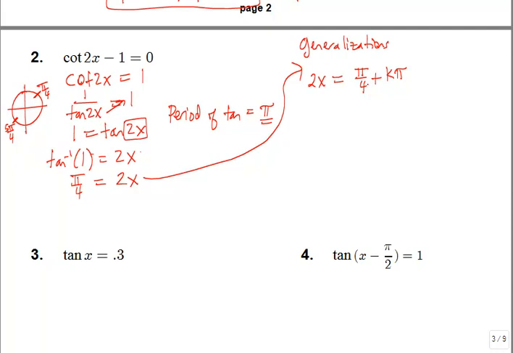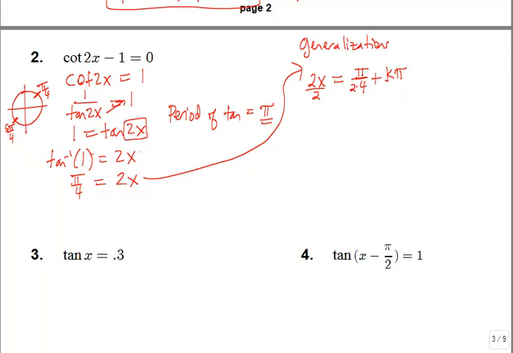Now the second tricky part is finishing this off for x, because this isn't what x is, this is what 2x is. So to finish solving for x, we're going to divide everything by 2. So I'm going to divide this by 2. Since this is already a fraction, just put that 2 in the denominator next to that 4.